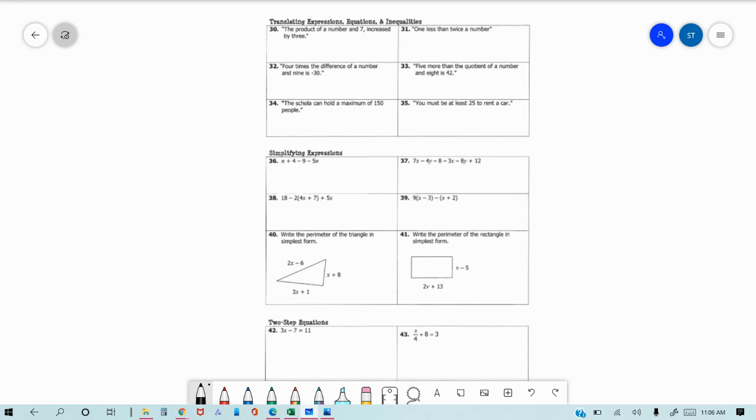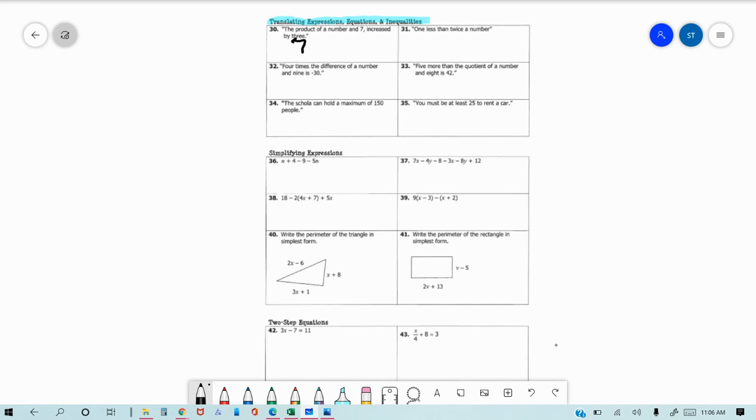Okay. So, a lot of you guys were really confused on what to do here. Basically, you're translating those expressions, equations, and inequalities into an expression, okay? So the product of a number and 7, which would mean you take the product of a number.